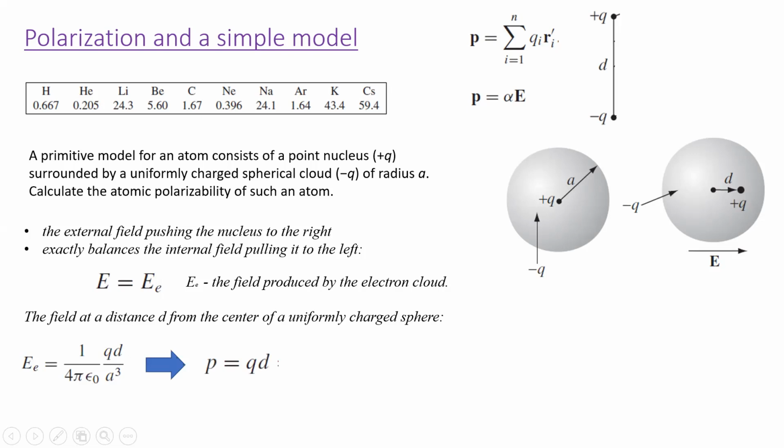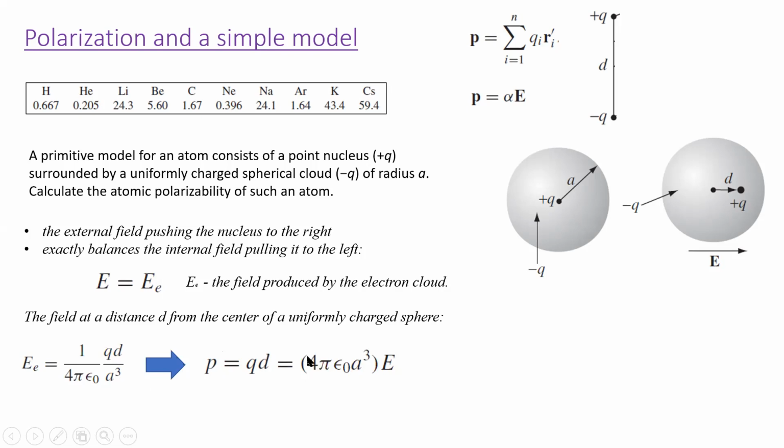So then, by our definition of an ideal dipole, the dipole p is equal to qd. But qd, solving from our equation here for the electric field in this simple model, is equal to, just multiplying through, 4 pi epsilon naught a cubed times the electric field. So we have an expression of the form p, the dipole, is equal to a constant times the electric field.